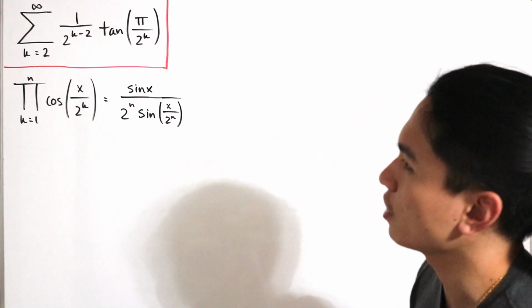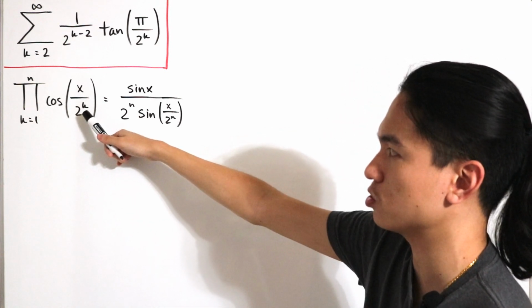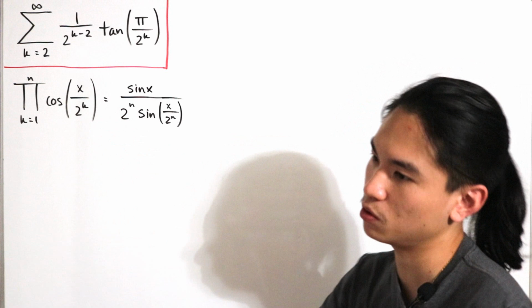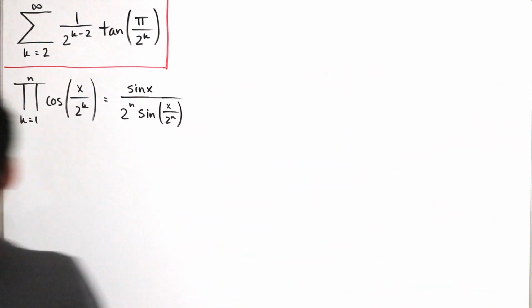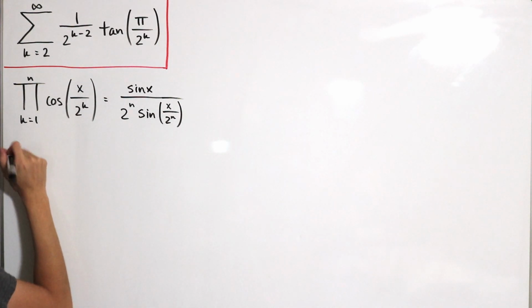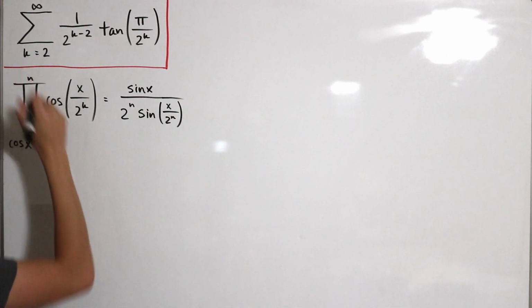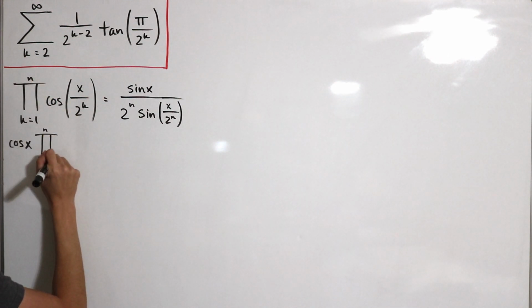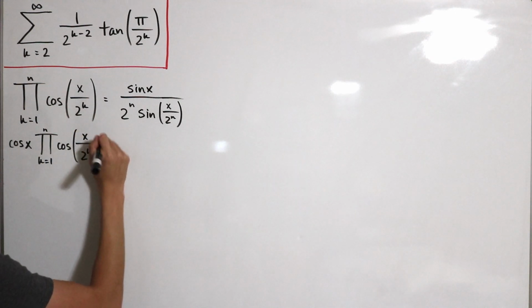How about first we evaluate at k is equal to 0. If I put k as 0, this is x divided by 2 to the power 0, that's just 1, so cosine of x specifically. Since this is a product, it's just all about multiplication. So it's just cosine of x multiplied with our partial product series over here, k is equal to 1, of cosine of x divided by 2 to the power k.